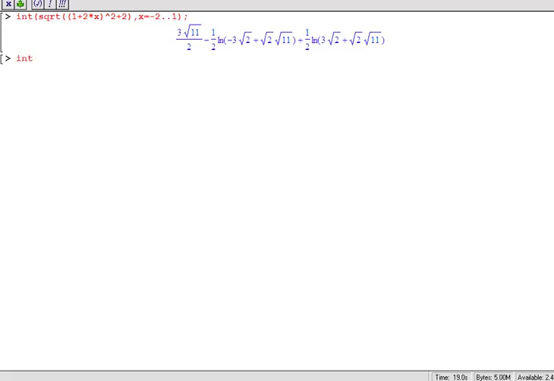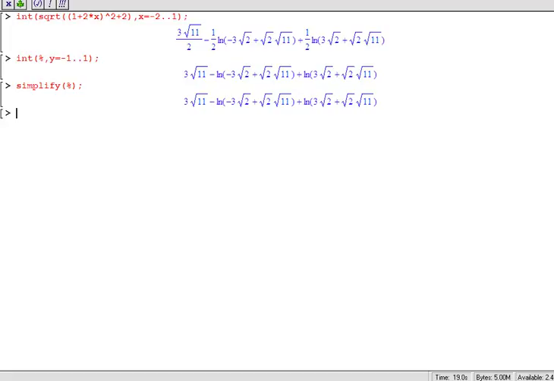And I'm going to integrate that with respect to y. Let's simplify that, see if that gets any simpler. No, let's combine it. I know the ln's can be combined. Okay, that helps a little bit. Let's try to simplify that.